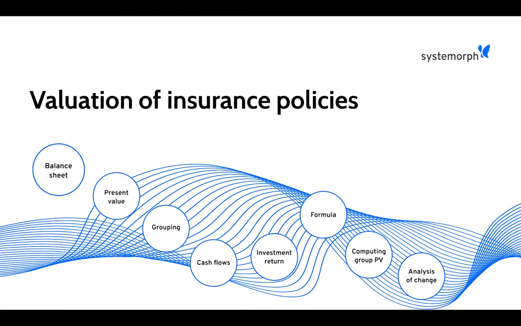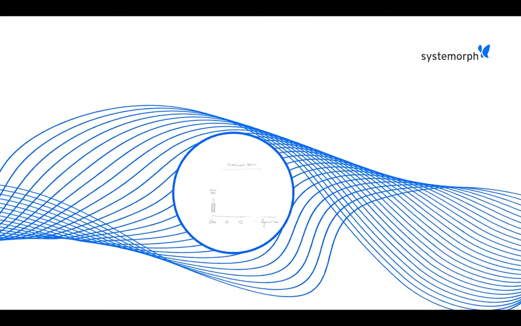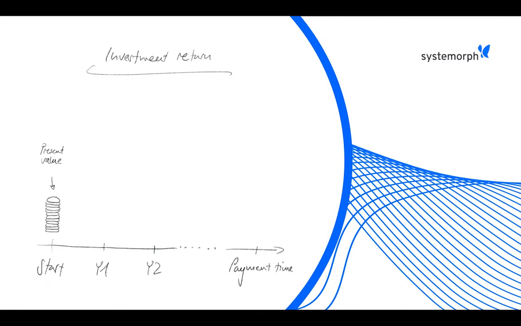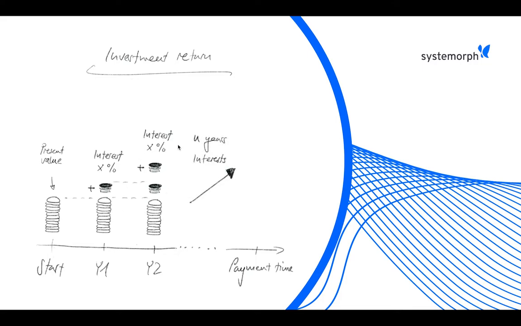Since the cash flows are mostly happening in the future, we have multiple years of opportunity to invest the money. This means the money we need to hold today is lower than the actual cash flow, because the rest of the money will be added from the interest on an investment. And this happens every year until the required payment time.